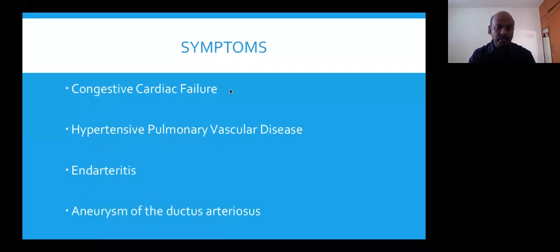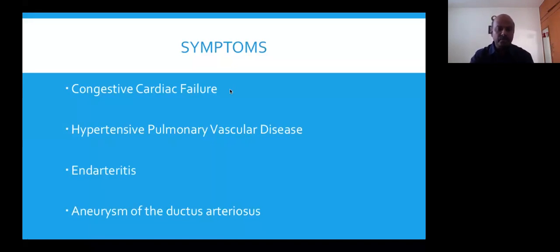Like we said, aneurysm of the ductus arteriosus is as high as 8% in children with ductus arteriosus, more commonly seen antenatally and during the neonatal period. Majority of them resolve spontaneously with ductal closure, but very rarely they can grow big enough to cause compression of the left main bronchus, and can also compress the left recurrent laryngeal nerve, causing hoarseness of voice.